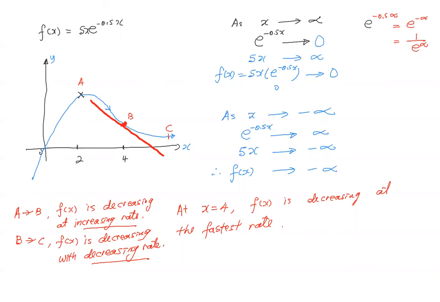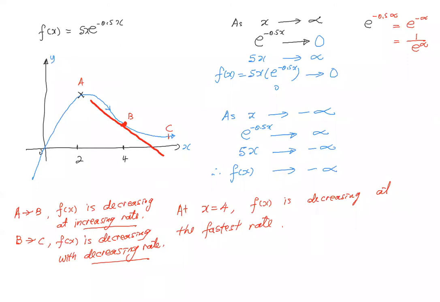Got it? The decreasing is showing the graph is going down. So that is called the inflection point. So at that point, it's going down at the fastest rate. So that is what you mean by inflection point for a given function. So I have to mention the function, I have to say is f(x) or f prime x.